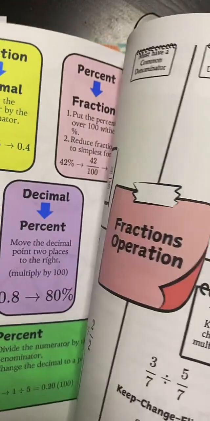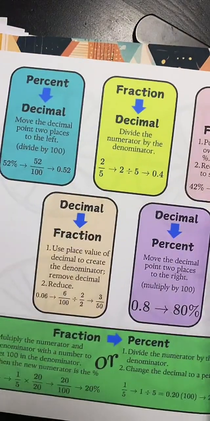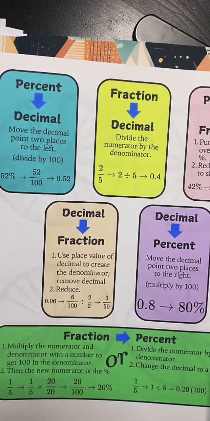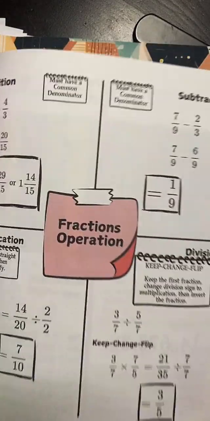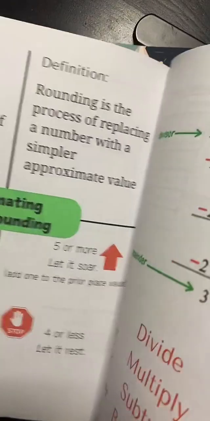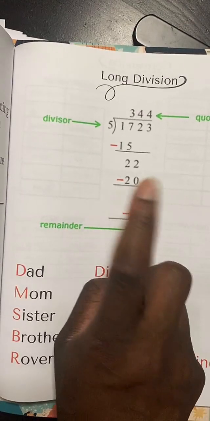Maybe some activities that you can do when you're talking about the different types of percentages or fractions or going to decimals, so we have the conversions there. We have fraction operations here, as well as place values, decimal operations. It's a smaller book. Estimated rounding, long division.